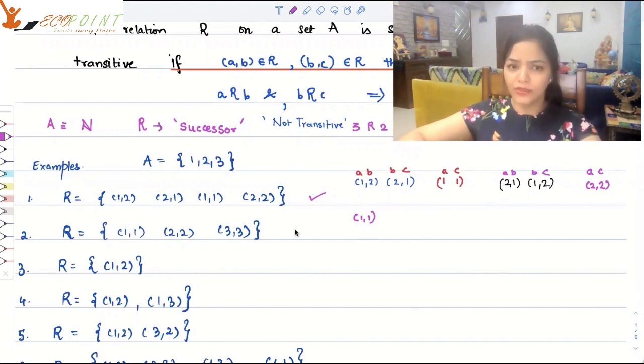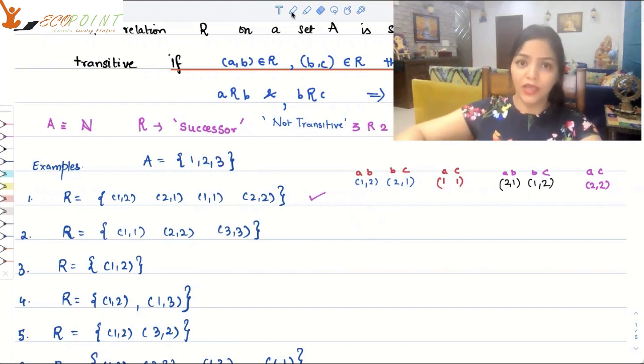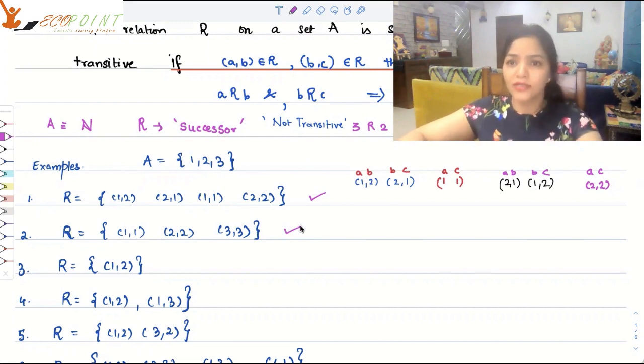In this set, is there any entry which is starting with 1? Because my B is 1. Is there any entry starting with 1? No. So that means my hypothesis actually is not getting satisfied. There's nothing to prove. I would prove the implication of transitivity only when the prerequisite is getting satisfied. The prerequisite is not happening, so there's nothing to prove in it. So we will be taking this relation as a transitive relation because you cannot actually prove that this relation is not transitive.